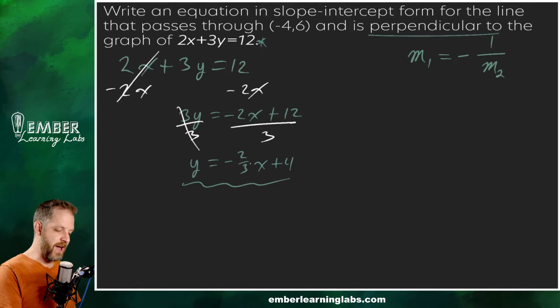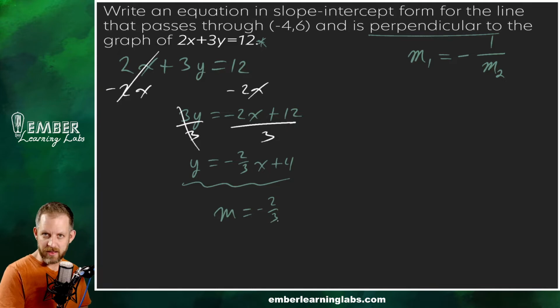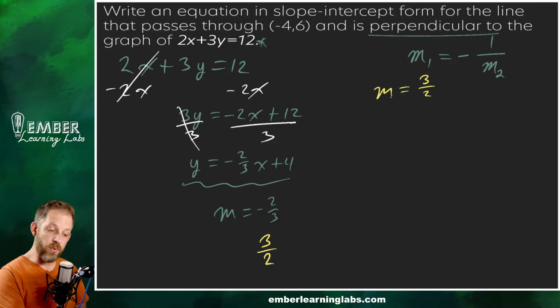So if the slope of this line that we saw in green is m = -2/3, the slope of our line is the opposite reciprocal of that. So it is positive 3/2. So our m = 3/2. That's the one we're looking for.